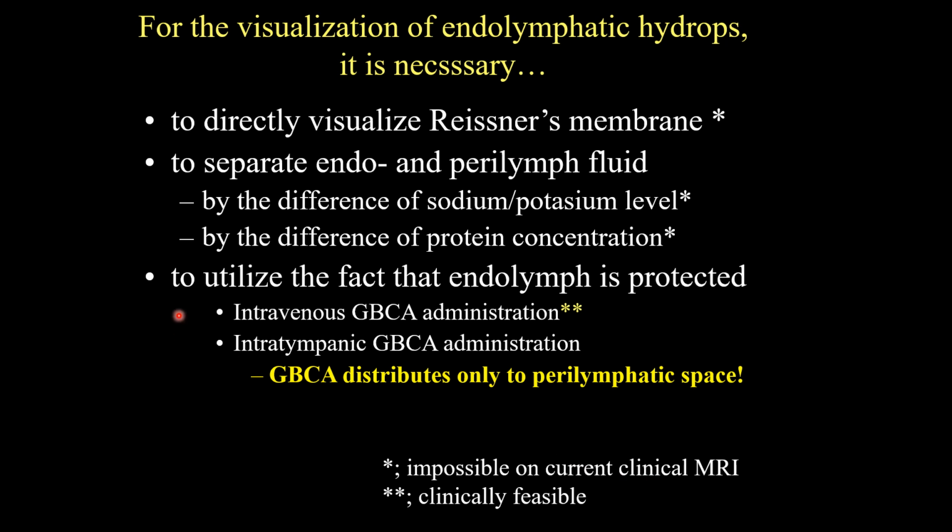Therefore, we have to utilize the fact that endolymph is protected from outside, either by intravenous GBCA administration or intratympanic GBCA administration. Gadolinium-based contrast agent distributes only to perilymphatic space.